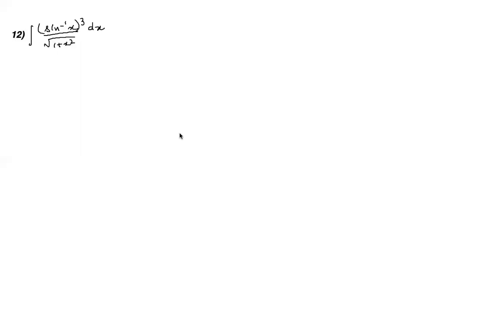Now in this question, I need to integrate sin inverse x whole cube upon under root 1 plus x square into dx. Now we know that the differentiation of sin inverse x will give us 1 upon under root 1 plus x square. So here we can put sin inverse x is equal to t. Now I'll differentiate both the sides to get the value of dx.